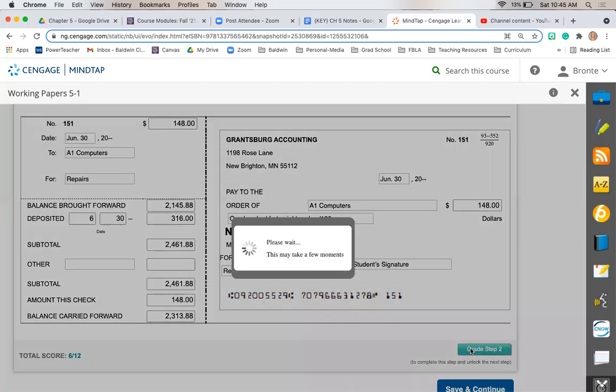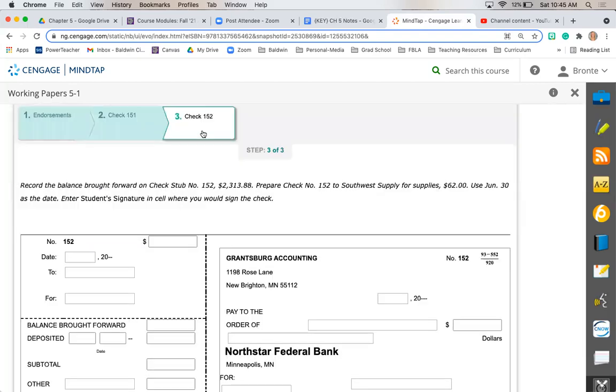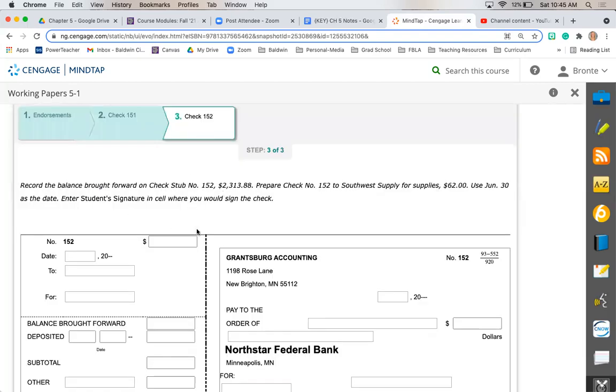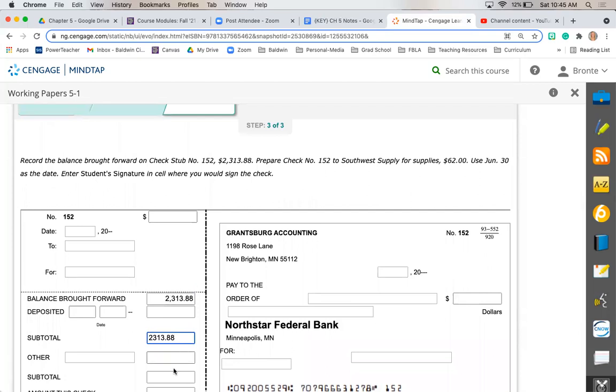Okay. Next, we're going to fill out check number 152. So we're going to record our new balance here of $2,313.88. We don't have any sort of deposit, so $2,313.88. No bank service charge, $2,313.88.